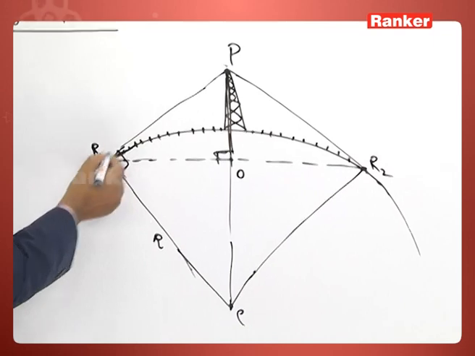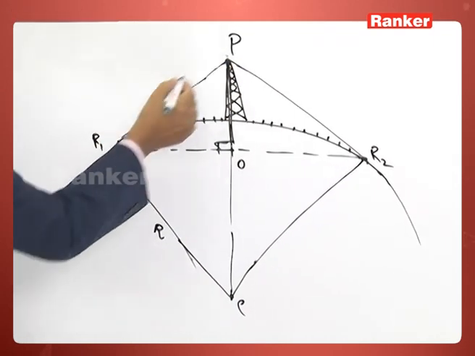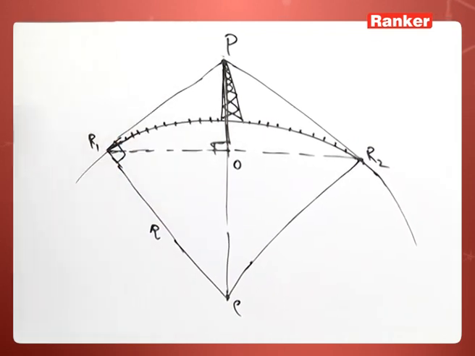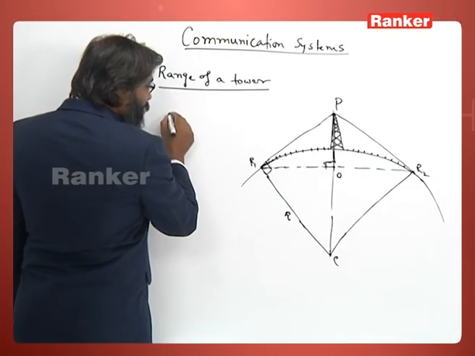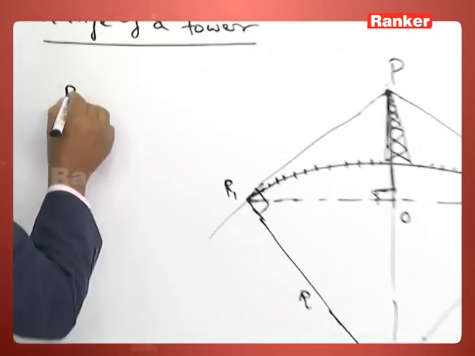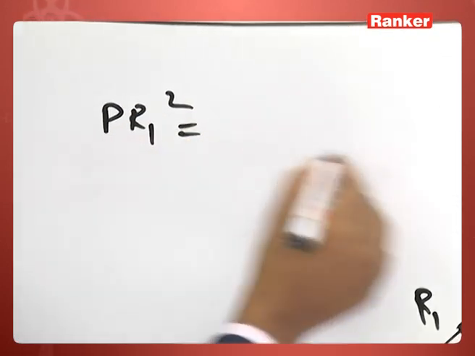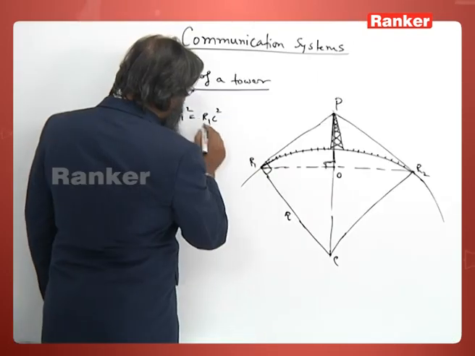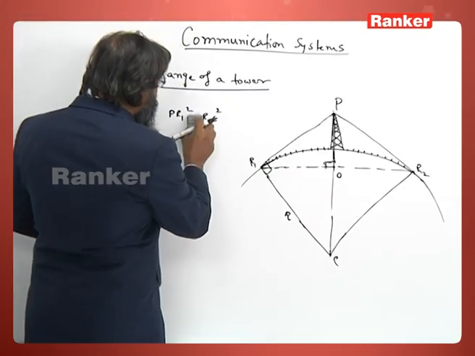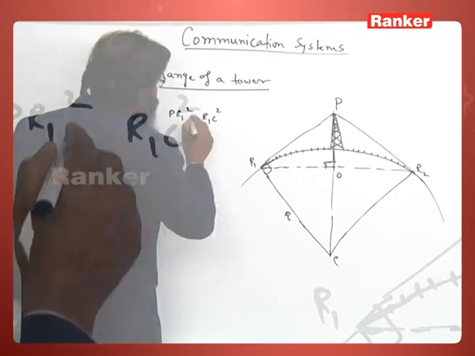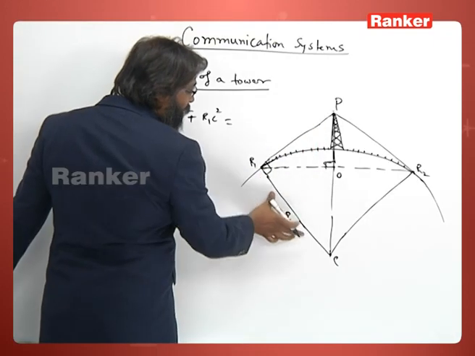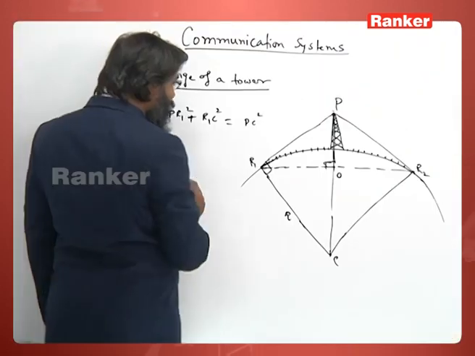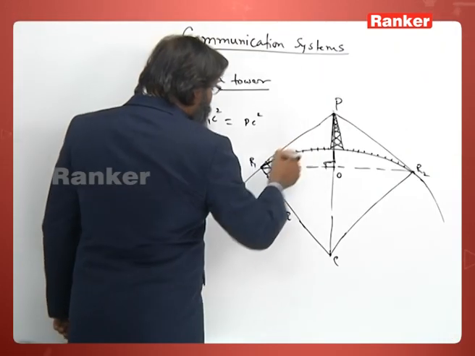Applying Pythagoras theorem between P, R1 and C, we have P R1 square plus R1 C square is equal to PC square.